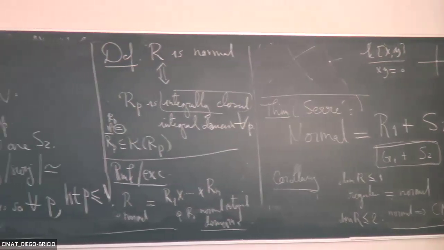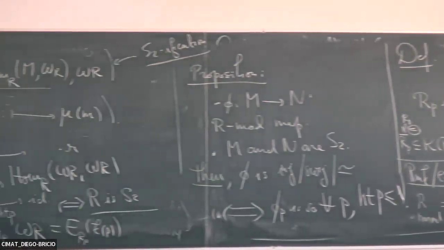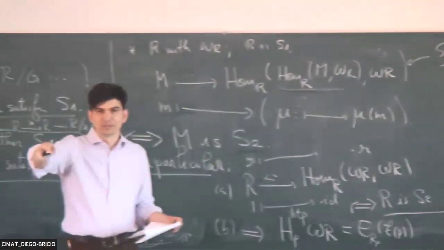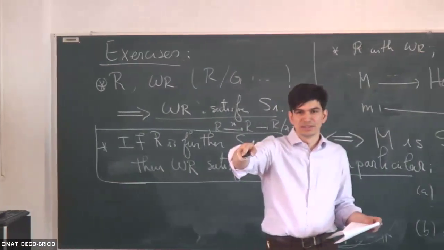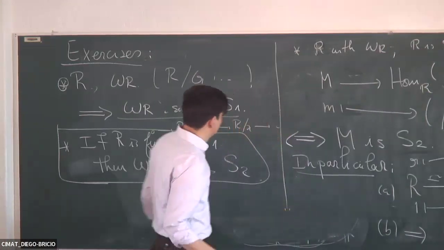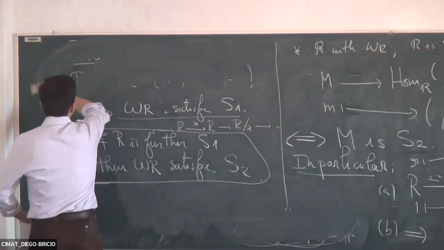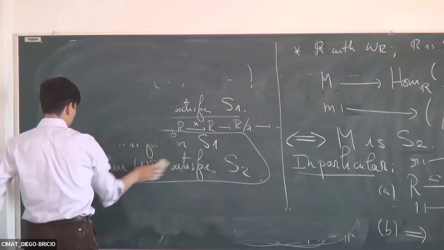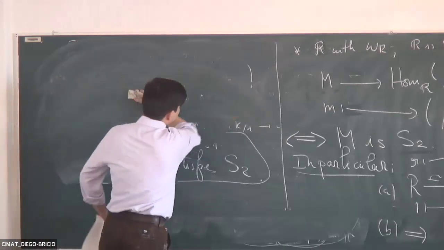Now, what I want to tell you is why normal rings are wonderful. We're almost there. Okay, normal rings are S2 plus this other property.